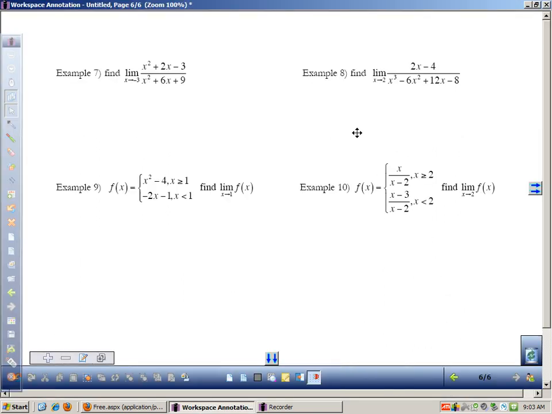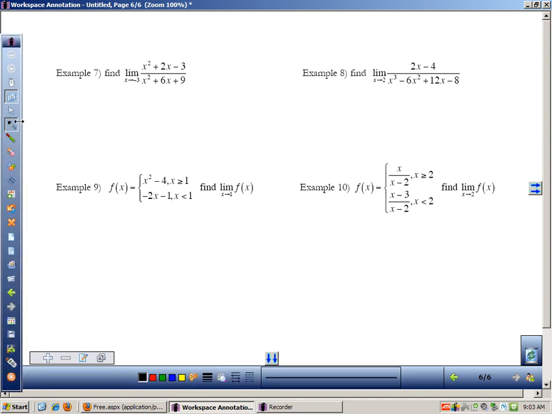So let's look at example 7. We are looking at the limit as x approaches -3 of x squared plus 2x minus 3 over x squared plus 6x plus 9. So our first step is plug in.